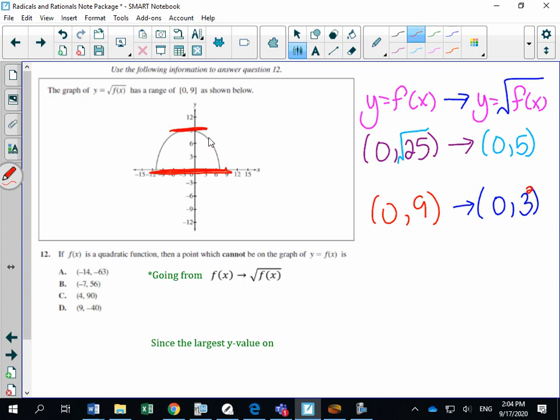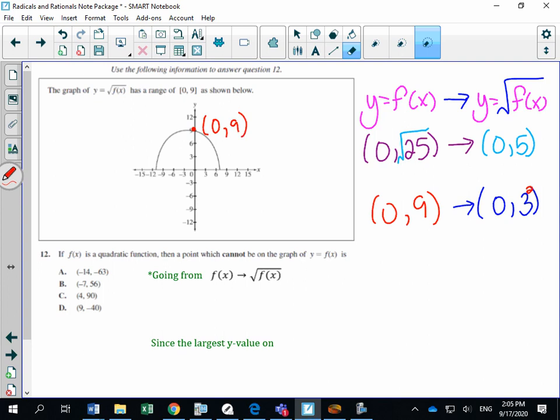Then the question says if f of x, the original graph, is a quadratic function, which point cannot be on the graph? We have to realize that the maximum point, let's say it was right around here, is 0, 9.